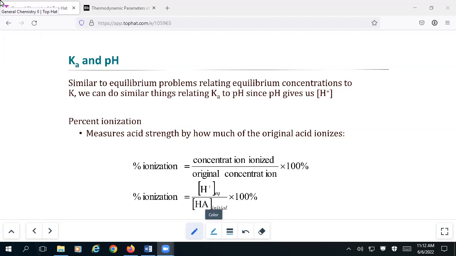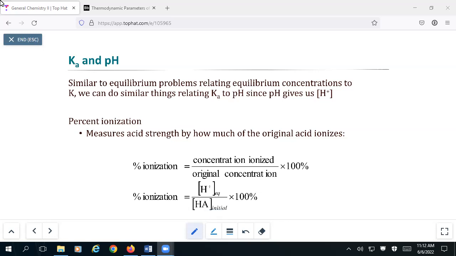Percent ionization gets us to a measurement of acid strength based upon how much of the original concentration of the weak acid broke apart. So we can measure it as the concentration that ionized compared to the original concentration.